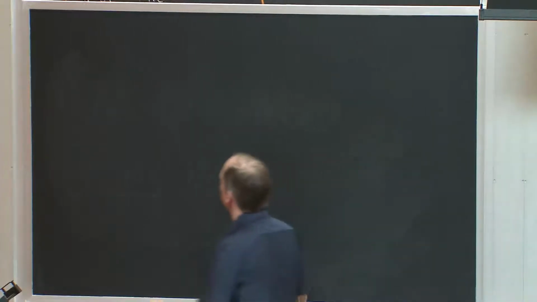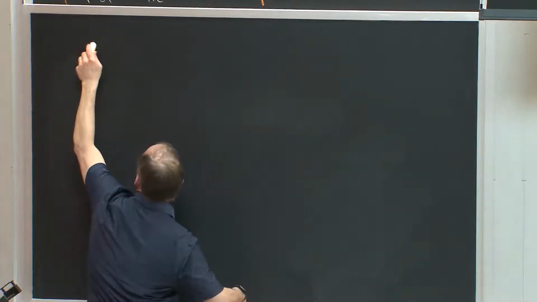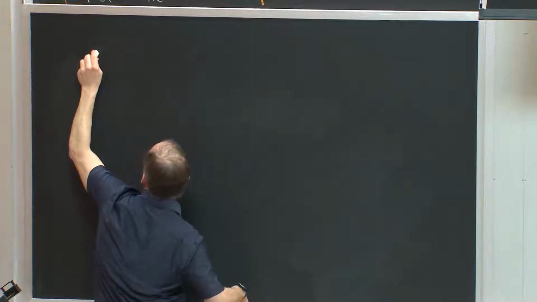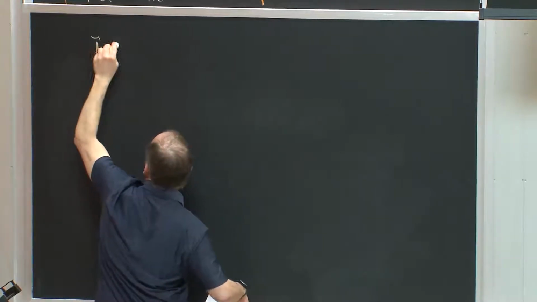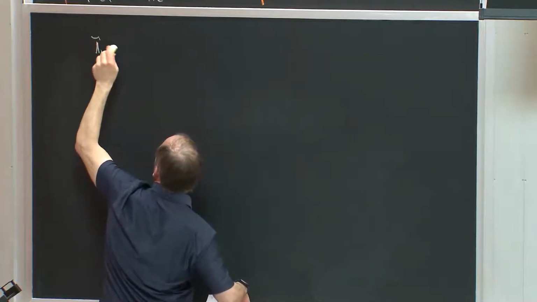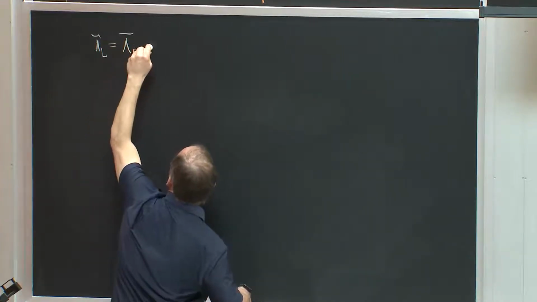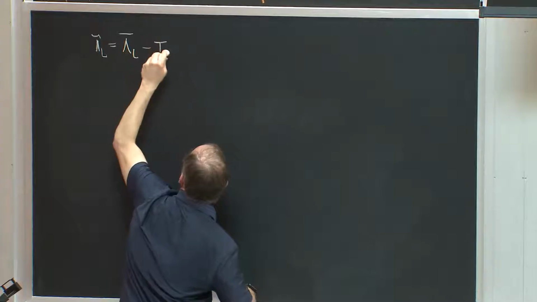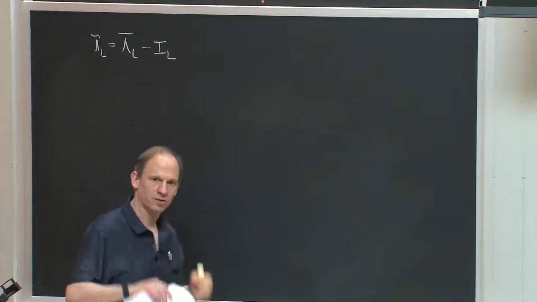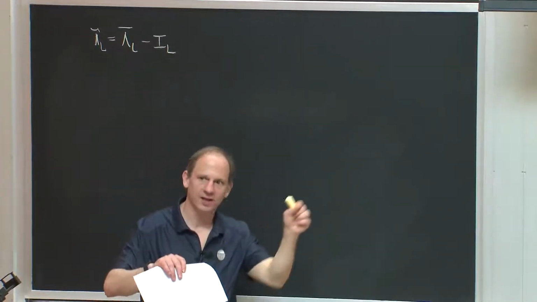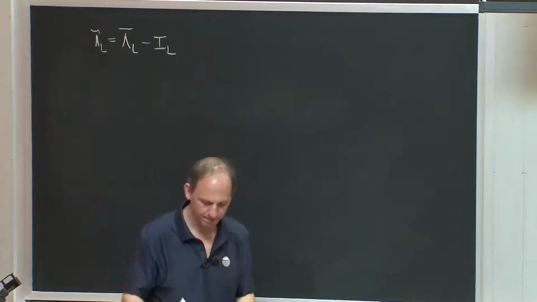Now we're going to talk, instead of about the average models, about perturbations. Things like IL tilde, which is equal to the difference between the actual local average current in the inductor and the DC current in the inductor. So it's the deviation away from the steady state. Okay?